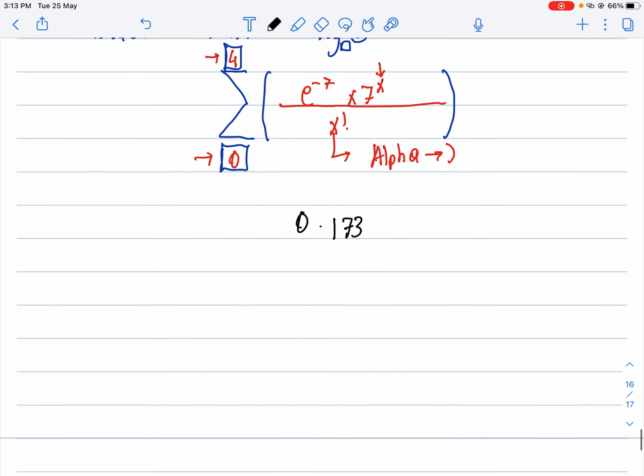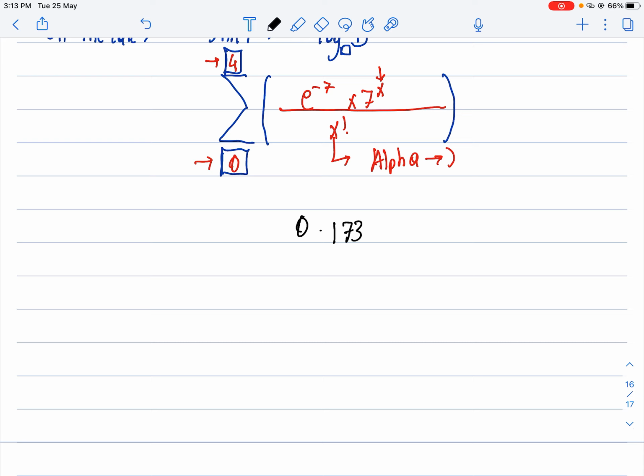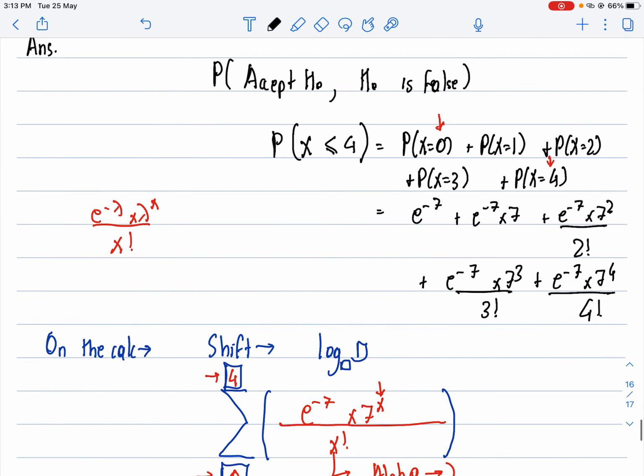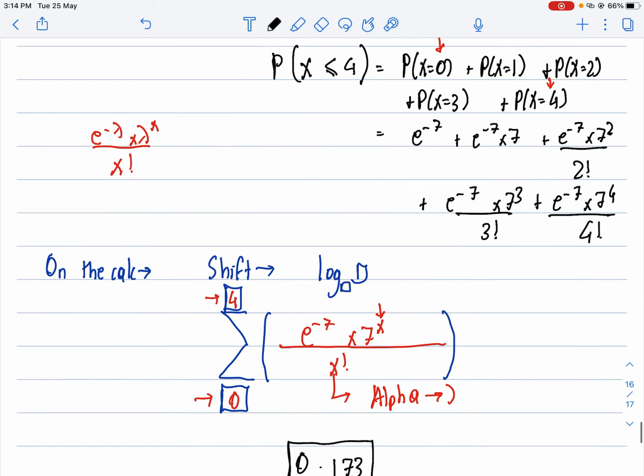This is the probability of a type 2 error, because you're accepting your null hypothesis but with a new lambda value.